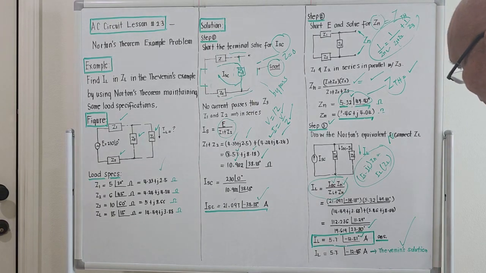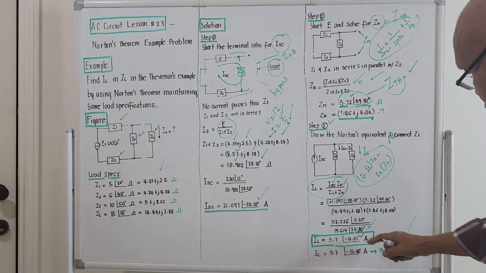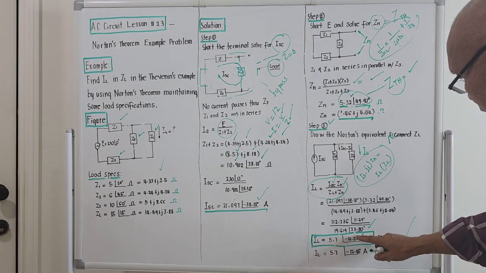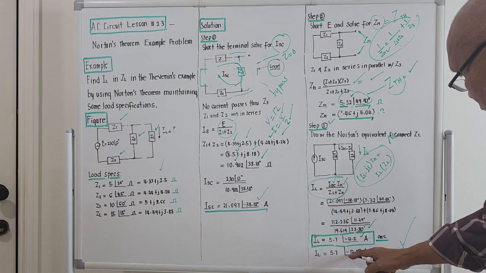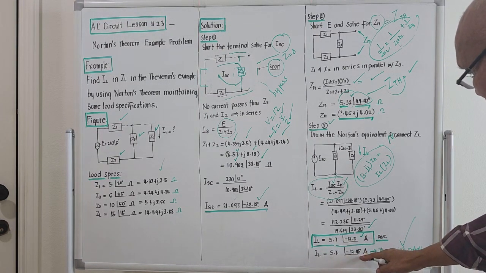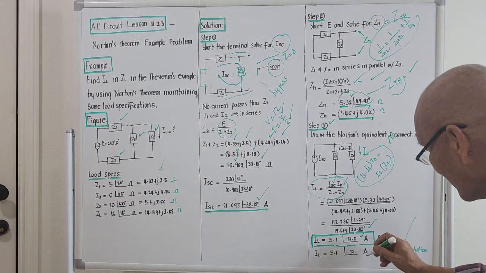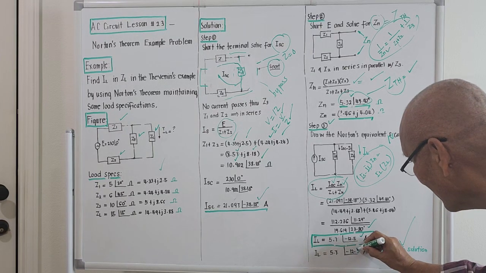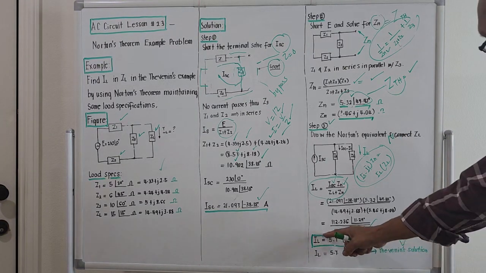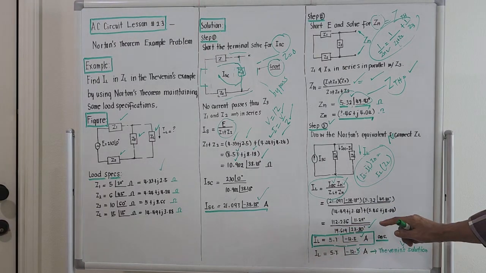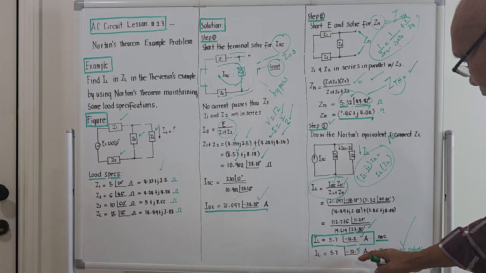And for the angle, if we try to simplify this negative 12.51, the nearest value is 12.5, right? And for this negative 12.45, this is 5, so we could make this one simply 5. So they are both approximately 5.7, angle negative 12.5 for Mr. Norton's, and for the Thevenin's solution, it is 5.7, angle negative 12.5.